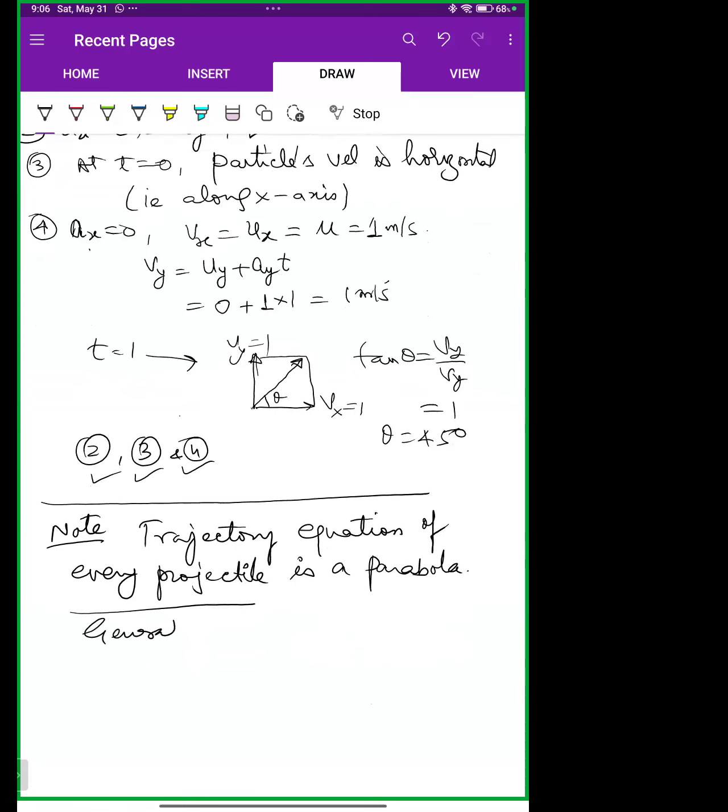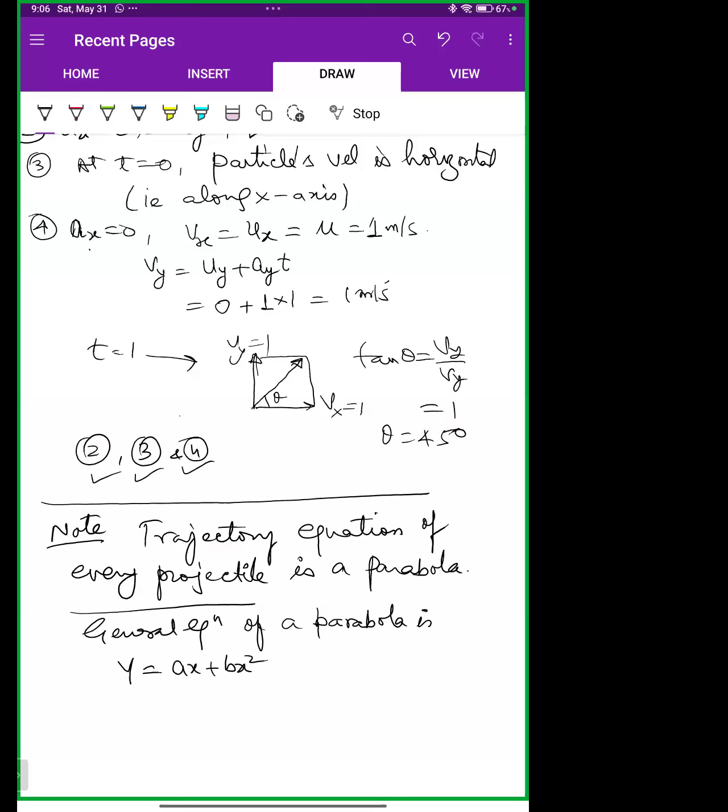The general equation of a parabola is y is equal to ax plus bx square.